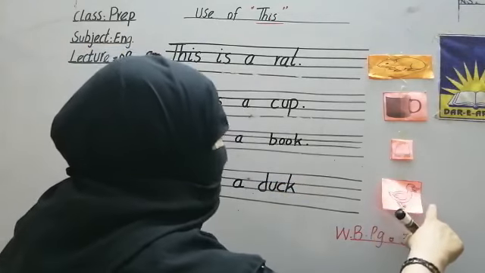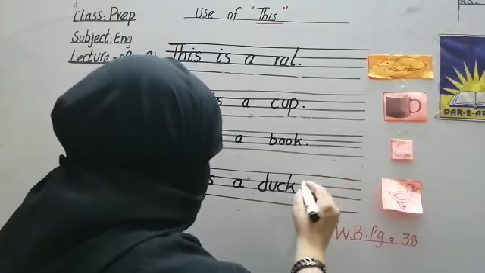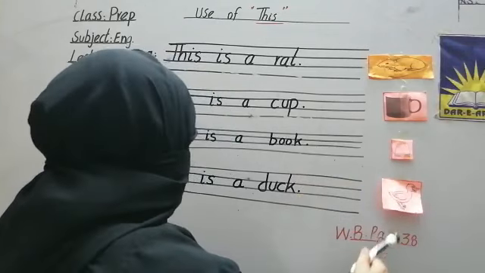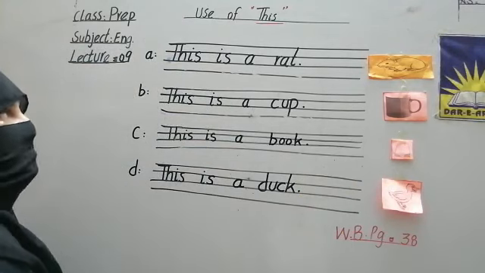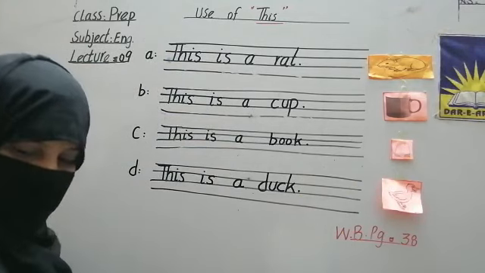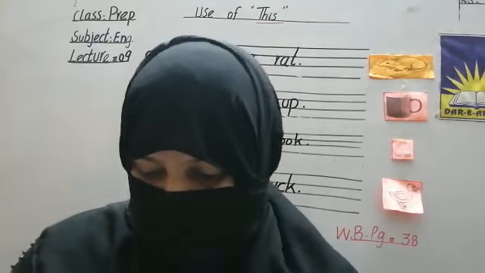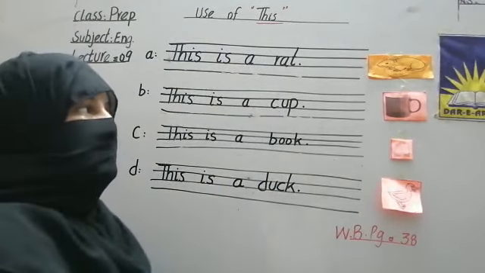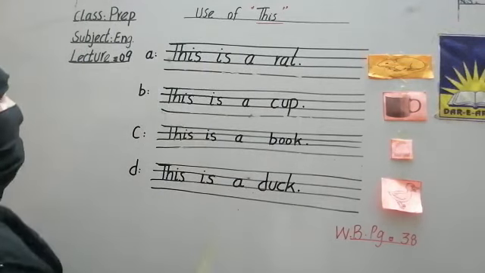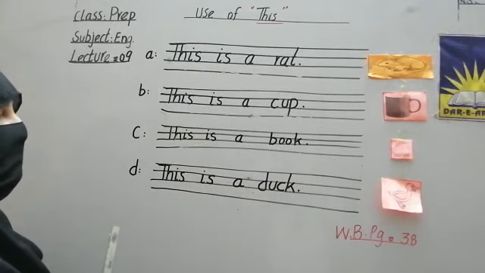Good. There is one duck. Duck is a singular object and we use here the word this. This is a duck. Students, our topic is use of this and we make our sentences by using this. Are you clear, students?